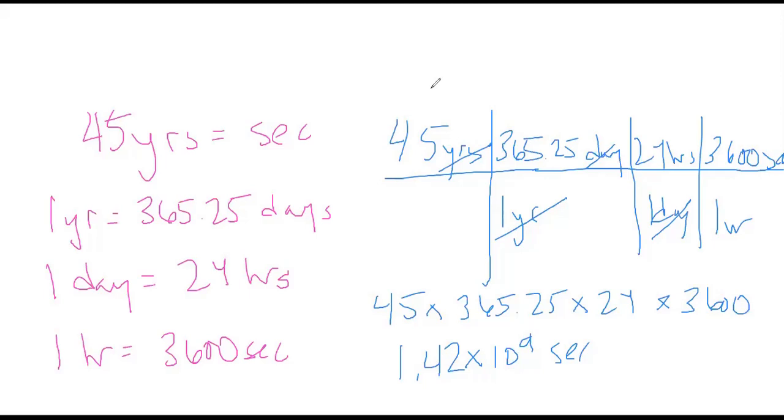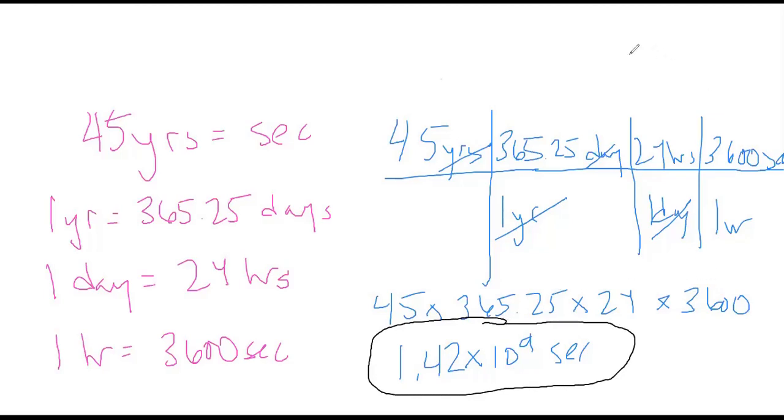I got 1.42 times 10 to the ninth again. Anybody get what I got? Yeah, I got 1.42 times 10 to the ninth. Nice. I think it's right. I'm going to go formal and circle this. Yeah, I got that answer too. All right, we got that one right.